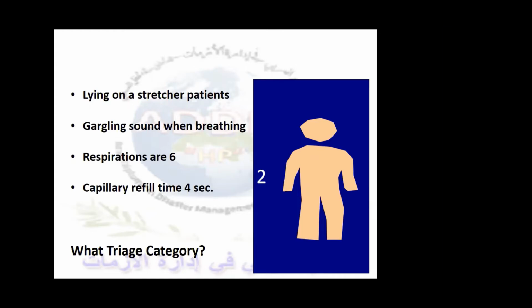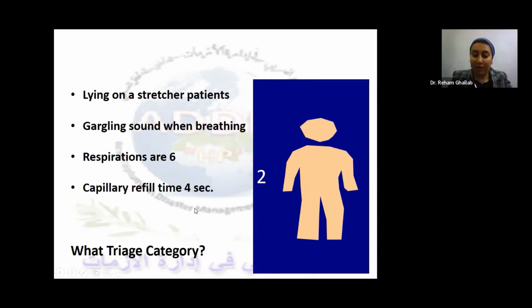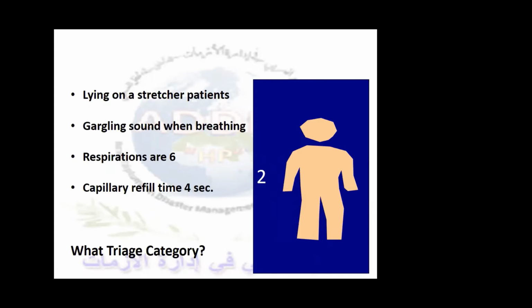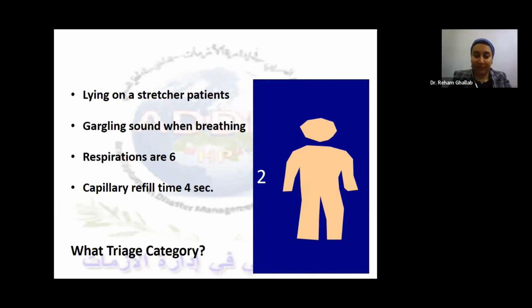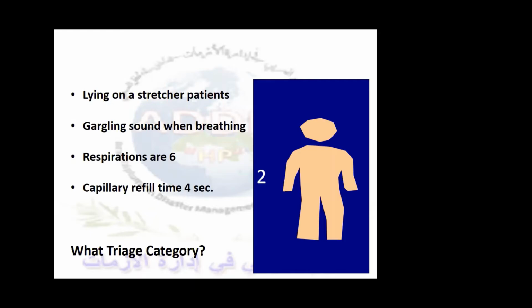I believe this is priority number 1, immediate. Why? Because the respiratory rate is actually below 9. Yes, exactly, it's below 9, and the capillary refill is over 2 seconds, not 20.